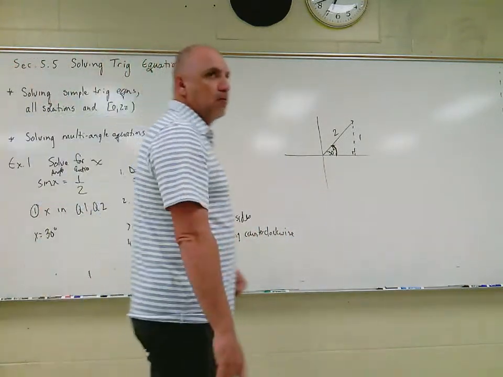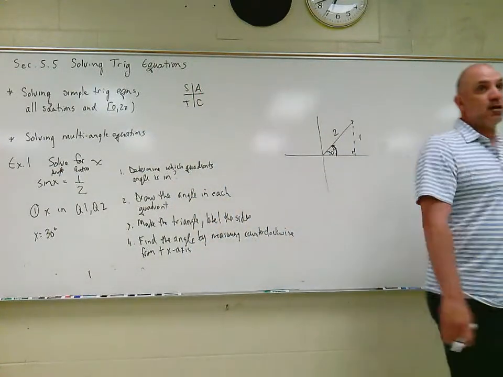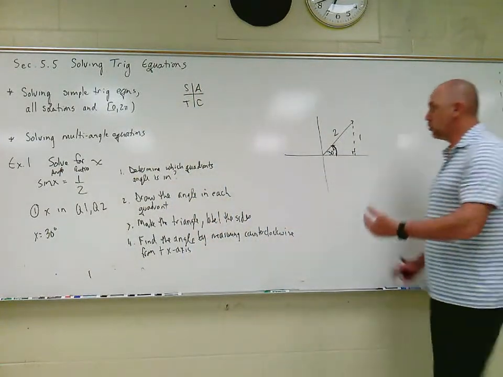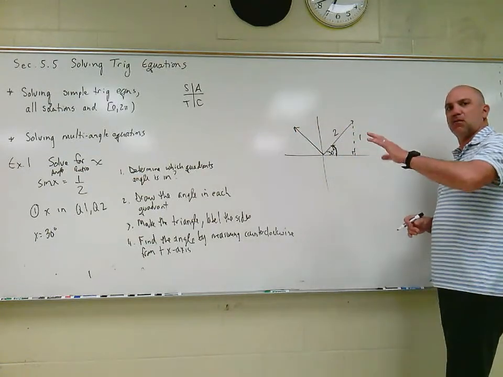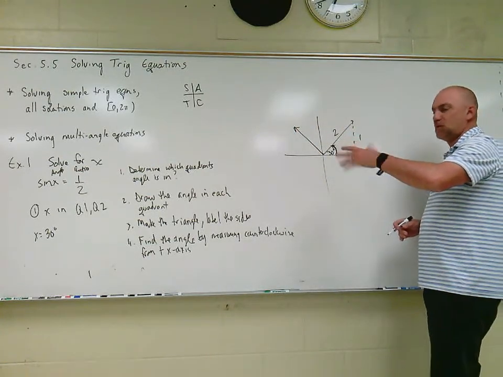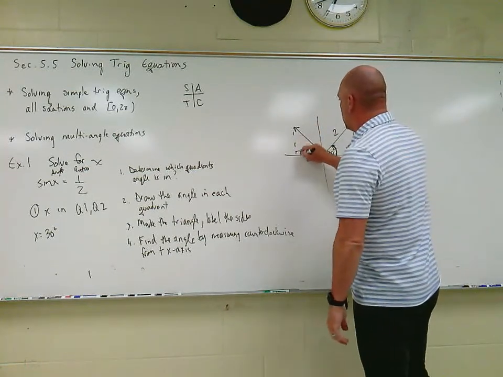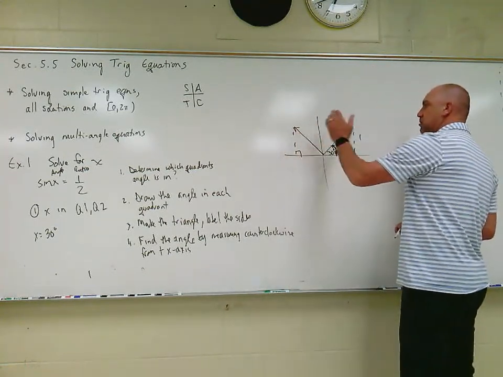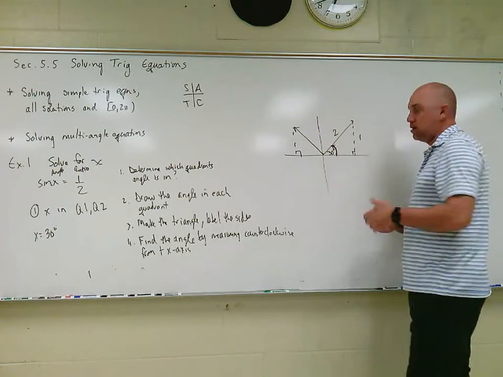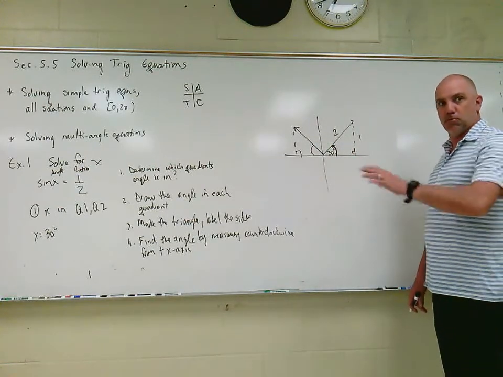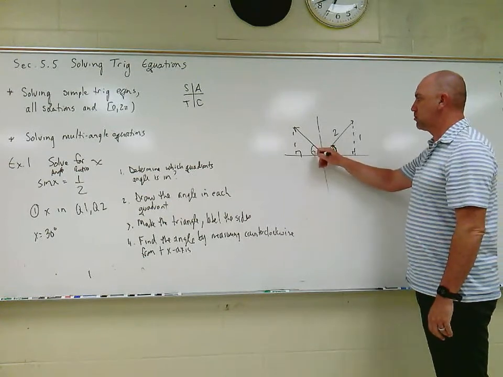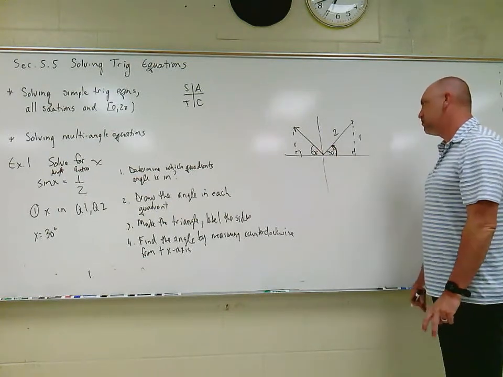But we said there have to be 2 locations, right? So now we go to quadrant 2. Once I know the reference angle, I don't really have to do all that fancy stuff. I can still make a triangle, use opposite and hypotenuse and all that, but at the end of the day, I know the reference angle is going to be 30.